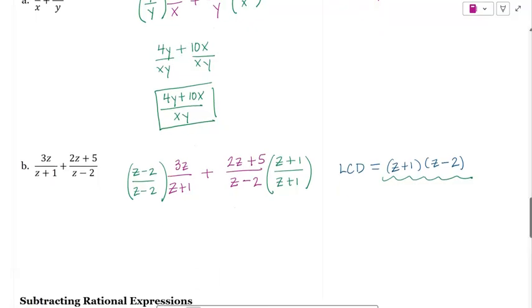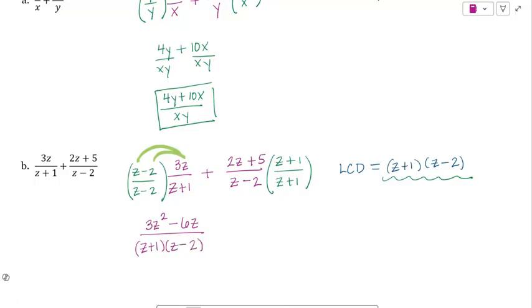All right, now I'm going to multiply the numerators out. I'm going to take this 3z and distribute it to both of these items. So we're going to have 3z squared minus 6z. And my new denominator is z plus 1 times z minus 2. And then going to my second fraction, I've got to multiply this whole thing by this whole thing.